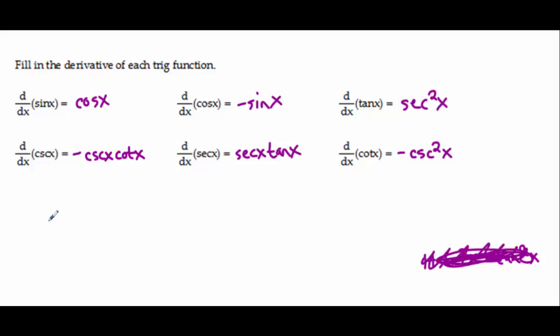The other thing that I want us to make sure we know before the test is the product rule and the quotient rule. We also need to be able to use the power rule and the chain rule. The chain rule is the most recent thing we talked about, but it's helpful. So the product rule, there are 2 ways of writing it down.